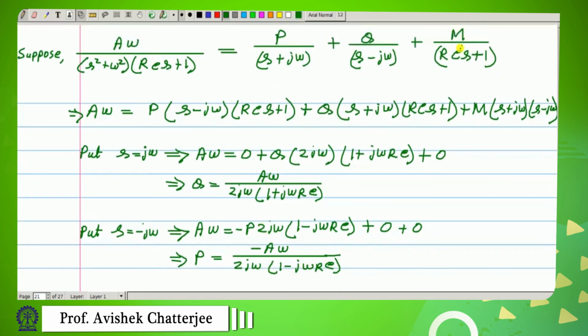Next, to get the value of m, let me take s equal to minus 1 by RC.